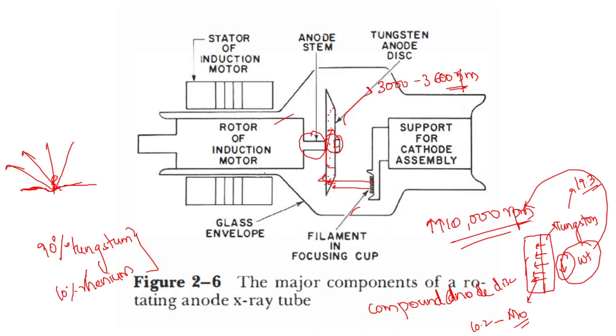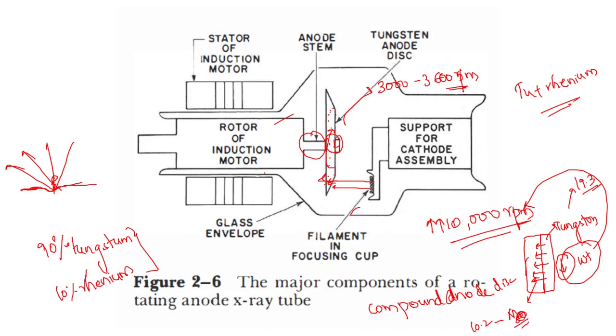Next, nowadays we have also started using a tungsten with rhenium alloy. This is a better target for the electron beam, and there is also usage of copper or carbon.